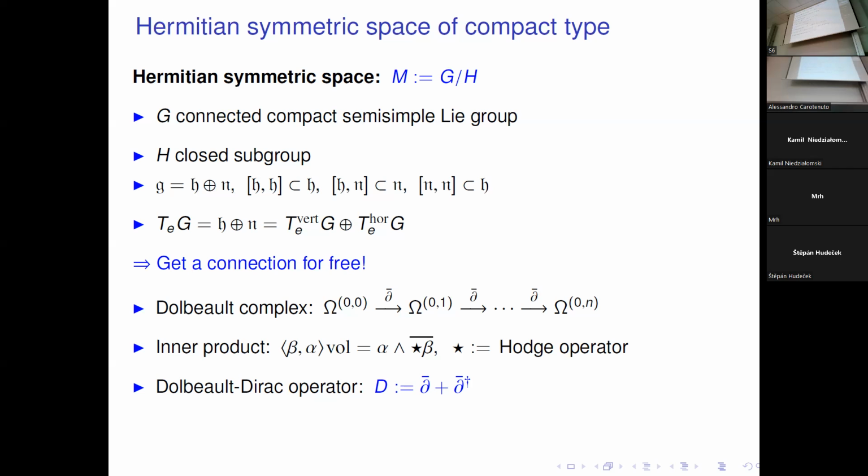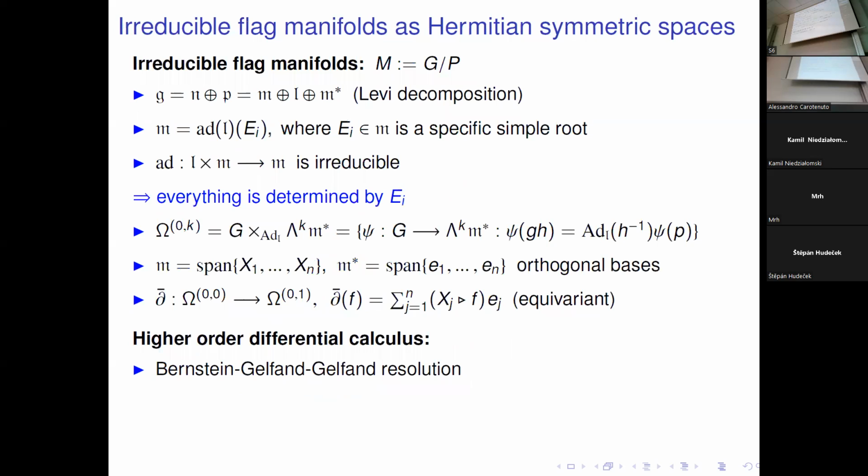Working on the 0,k forms. So that works best for the irreducible flag manifolds. Here it's all classical. Now what we can do is take a maximal compact subgroup. Then we decompose the Lie algebra in a Levi factor.